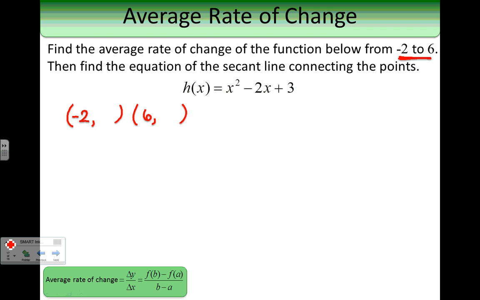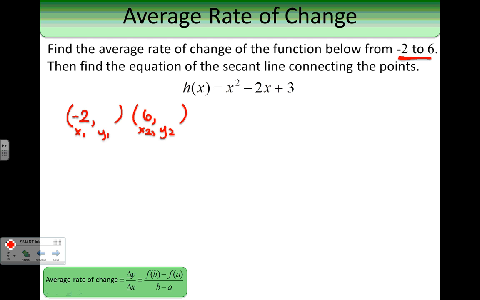So this is my x1, y1, and my x2, y2. What I don't know are my y values. So they give you the x values. Finding the average rate of change from -2 to 6, those are our x values.